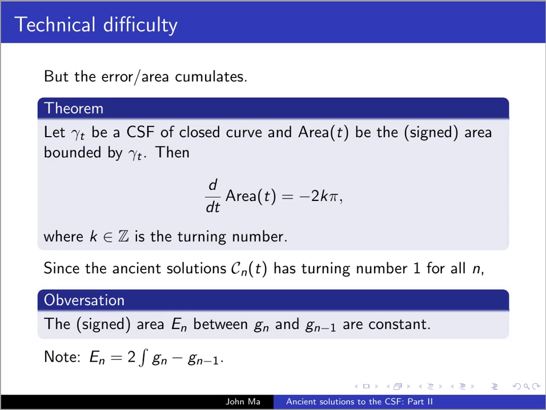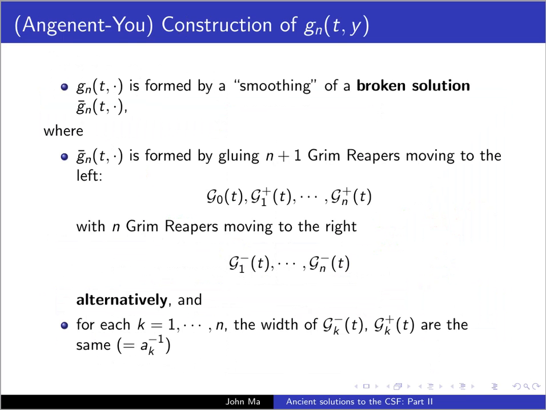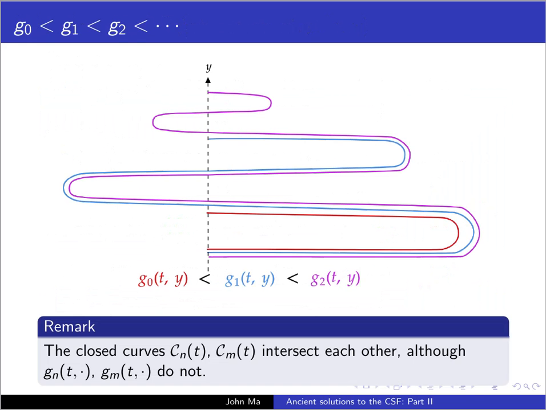So if that's the case, then if you take the time derivative of this area function, it's going to be constant, and it is given by negative 2k pi. K is just the turning number of your curve. If we go back to our family of solutions here, then you see that they all have turning number equal to 1.